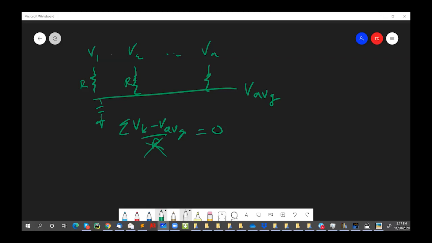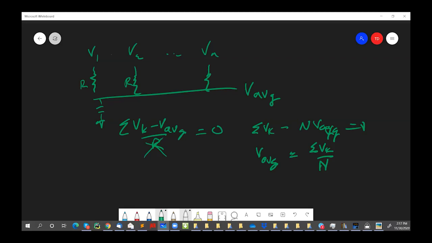But in steady state, the sum of Vk minus N V average equals 0, if there's N of them. So V average is now clear, right? V average must be the sum of Vk over N. Is it clear? Okay, so that's how you do the calculation.